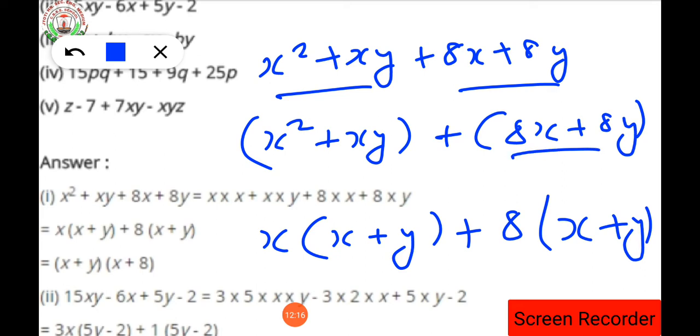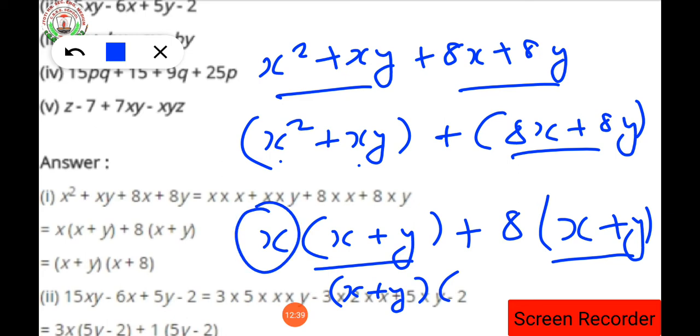When we are going to take 8 as a common from this term, what is the number left out inside it? That is x plus y. And when we are going to take x as a common from this term, what is the number left out inside the bracket? That is x plus y. So now look, x plus y and x plus y both are common in this. Then again take x plus y as a common. So x plus y will be left. What is the number left out inside the bracket?